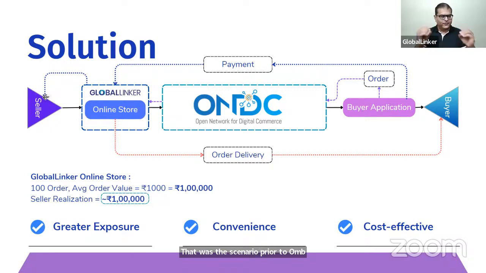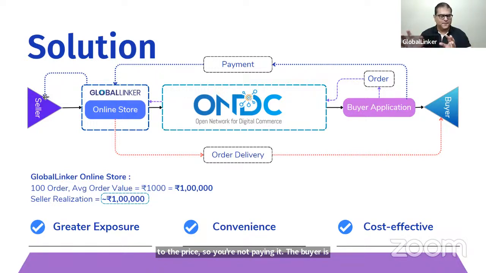Now with ONDC, that visibility challenge is addressed: your products are visible, and you're not shelling out significantly from your pocket. In fact, one of the wonderful things on ONDC is that the buyer applications obviously also have to make money at the end of the day. So they charge something called a buyer finder fee. That buyer finder fee is added back to the price, so you're not paying it. The buyer is paying the buyer finder fee.